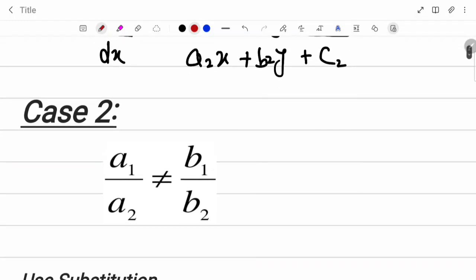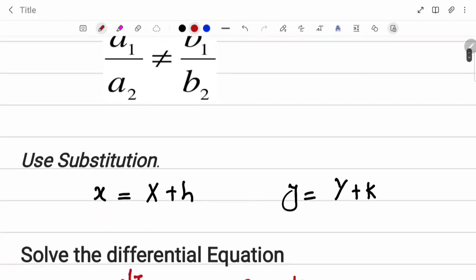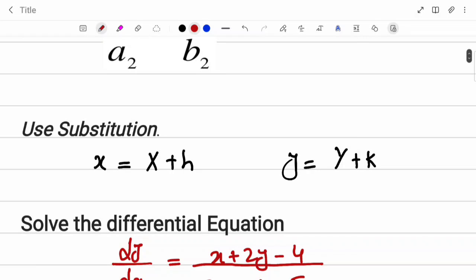In this particular case, we need to make a substitution of smaller x is equal to capital X plus h, y is equal to capital Y plus k, and then try to solve it.